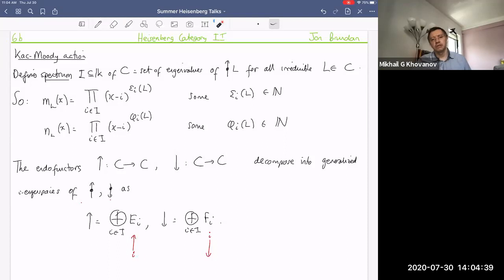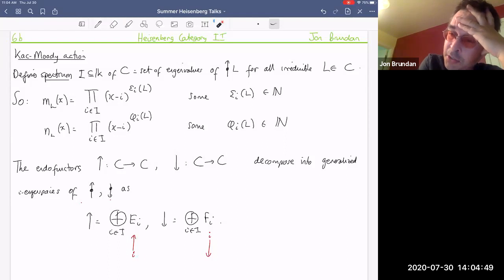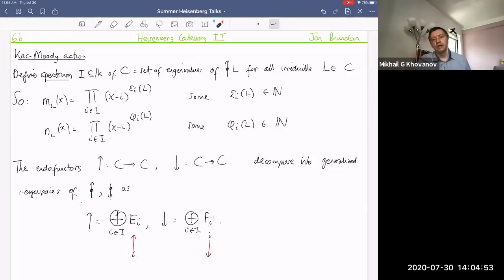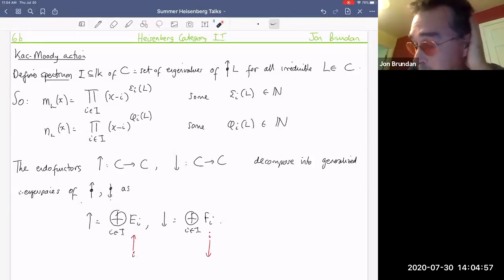Maybe I can also ask, on this page, your i's are elements of the image of the integers in the ground field. That's what you get in lots of those examples, like Rep GLN, yes. But you can get other elements of the field. Typically what happens is when you start defining some of these categories, your set I, this quiver, starts to split into different components.